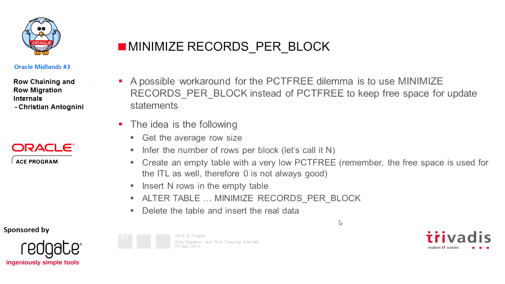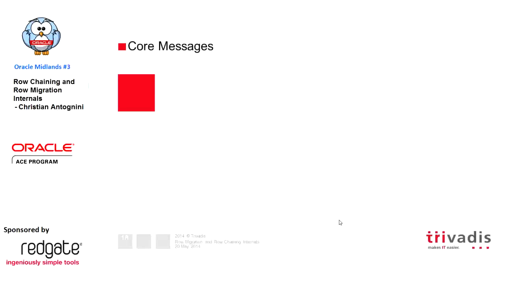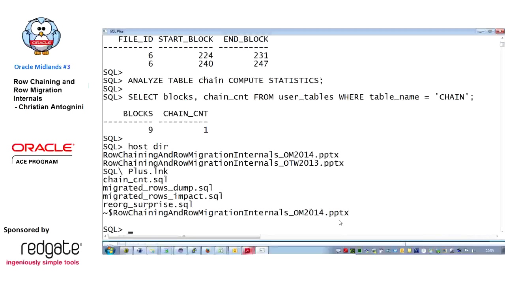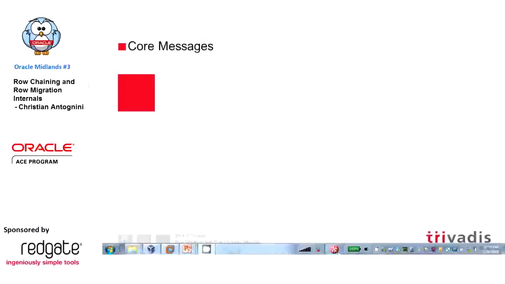So you can somehow keep free space for the new rows, but pack the information for the old rows. But again, it's really a trick that you are willing to implement only if you have no other way to solve the problem. Because the fact is, again, if you have migrated and chained rows, it's not so easy to solve.